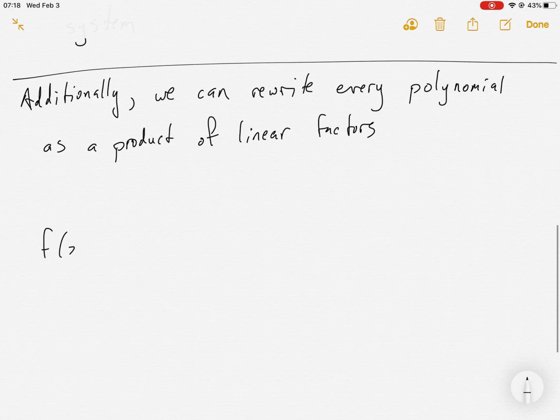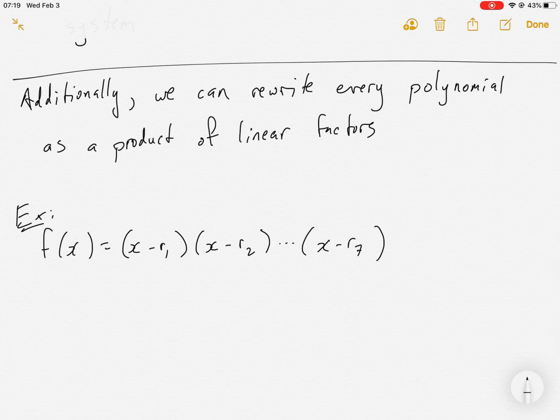So that polynomial I had up there, f of x, I don't necessarily know what the roots are, but I know that if I have, let's call them root 1, root 2, all the way to root 7.